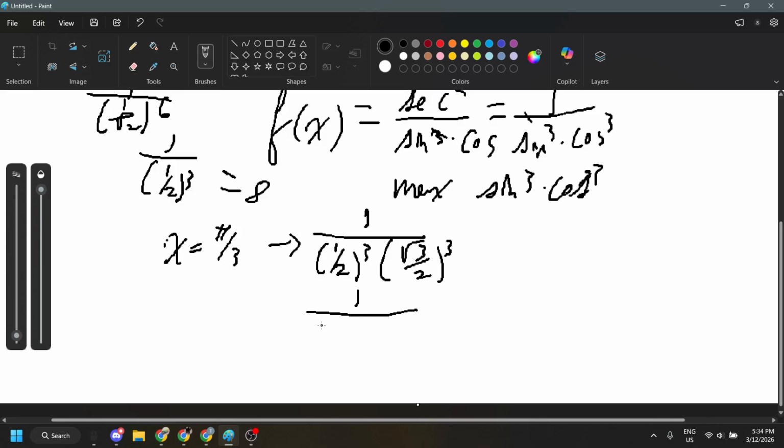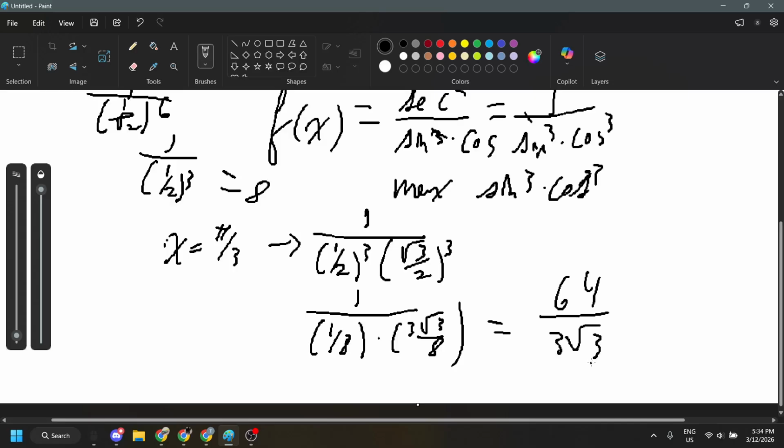So 1 over 1/8 times 3 root 3 over 8, which is equal to 64 over 3 root 3. 64 is about 63, so we say 21 over root 3, which is about 21-ish.